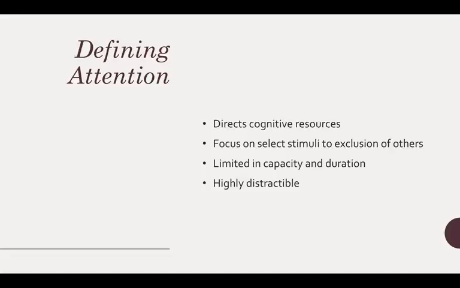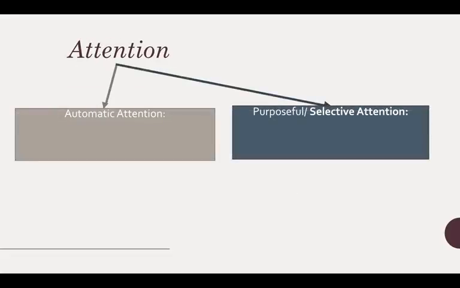So for now, when we talk about attention, we're talking about the directing of cognitive resources. And there's two types of attention that we're going to be talking about: automatic attention and purposeful, or what's called selective attention. I'll talk about each of these separately, and then we're going to compare and contrast them more systematically.